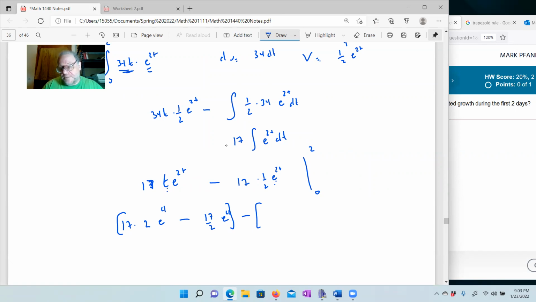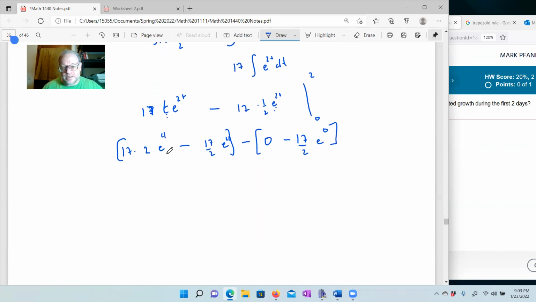This piece here, this 0 here, is going to make the whole thing 0. Minus 17 over 2, e to the 0, right? What is e to the 0? E to the 0 is 1.